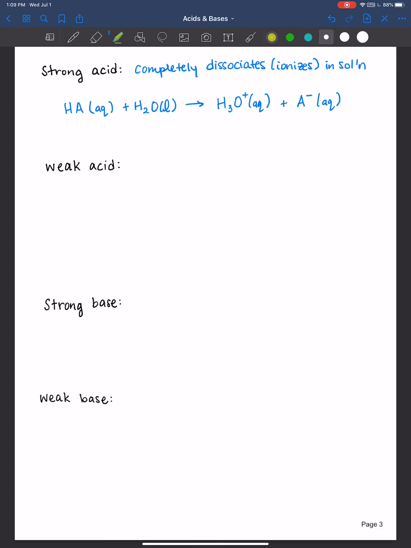Something else I wanted to point out here is the arrow. The arrow is going to be a big clue if you have a strong acid or a weak acid. This arrow going completely forward indicates that we have complete ionization taking place. Whereas with a weak acid, it only partially dissociates.